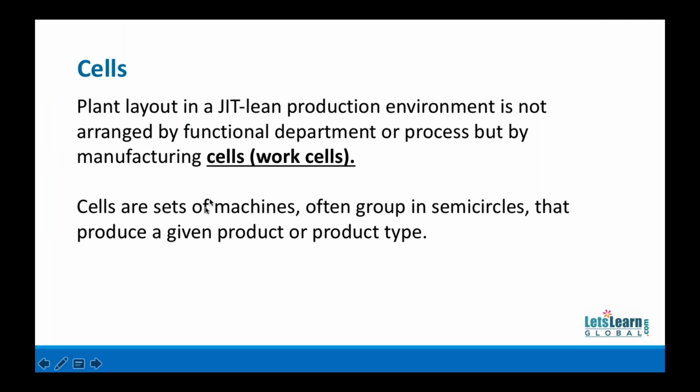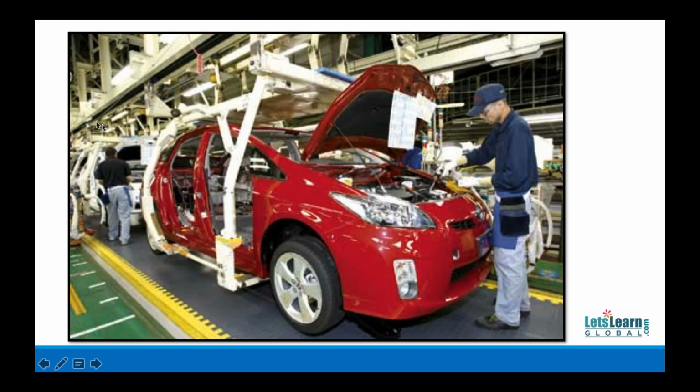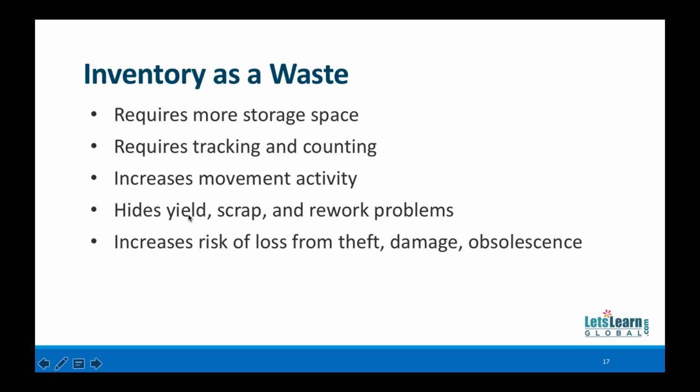The physical arrangement, the production environment, the plant layout in a semicircular format is called a cell. The cell picture we just saw is not in an exactly semicircular format, but you can see the semicircular format the other way.